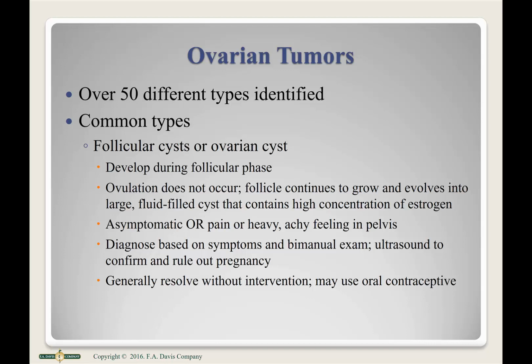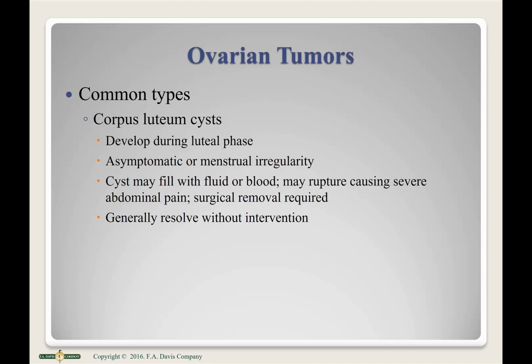So an ultrasound is really the best way to confirm this cyst. But also, we want to rule out pregnancy, because the therapies that we would do for this would probably harm a pregnancy. But most often, they will resolve without intervention, but then we may need to give contraceptives to resolve these or prevent these.